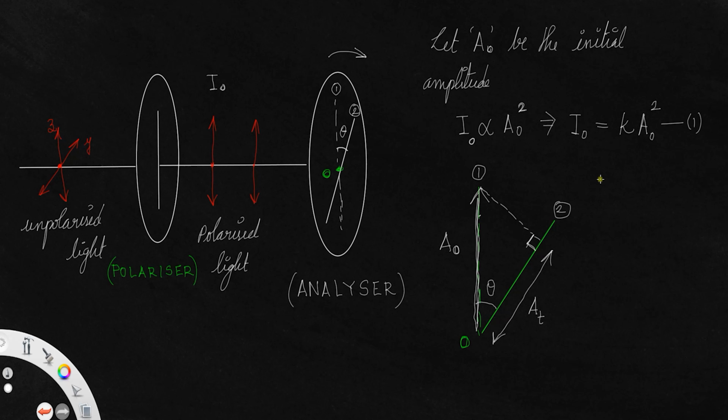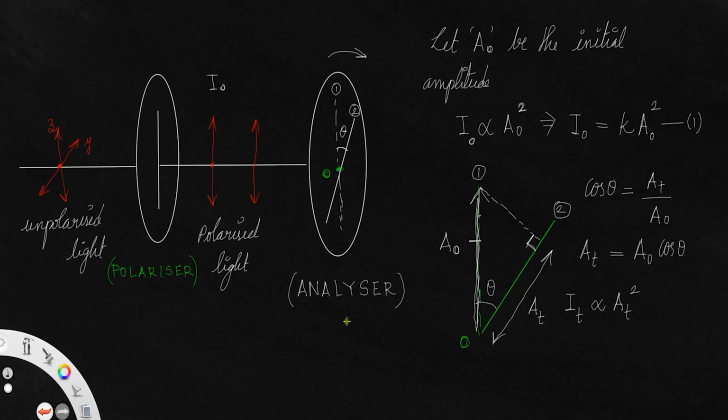Now if I take cos theta, it will be, see, adjacent side. This is the adjacent side. So AT, the length AT, divided by the hypotenuse. The opposite of 90 is the hypotenuse. So A0. Now the amplitude through the transmission plane, if I take this to the left, I'll get A0 cos theta. And we know the intensity through the transmission plane is proportional to the square of the amplitude through the transmission plane, AT square, like we did here.